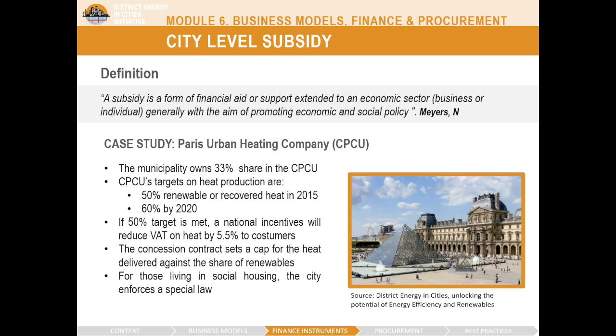If the 50% target is met, a national incentive will reduce VAT on the heat by 5.5% to customers. The concession contract sets a cap for the heat delivered against the share of renewables. For those living in social housing, the city enforces a special law.